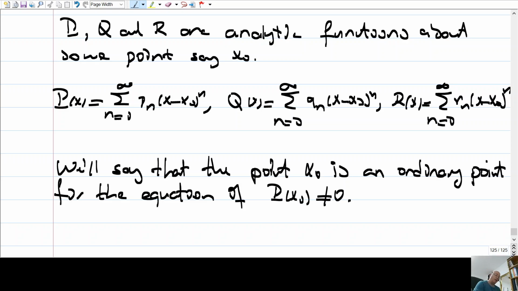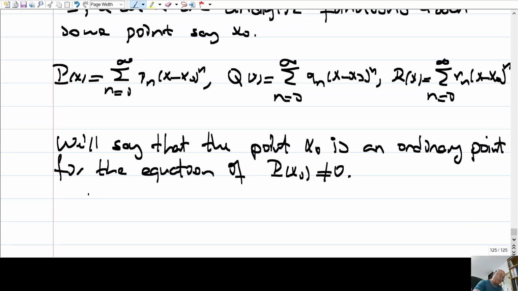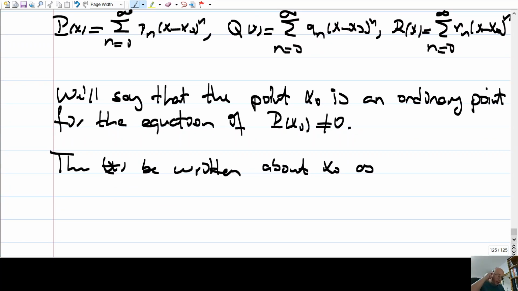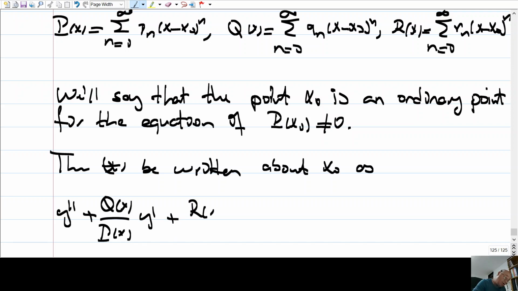This of course means the following: then star can be written about x0 as y'' plus q(x)/p(x) y' plus r(x)/p(x) y equals 0.